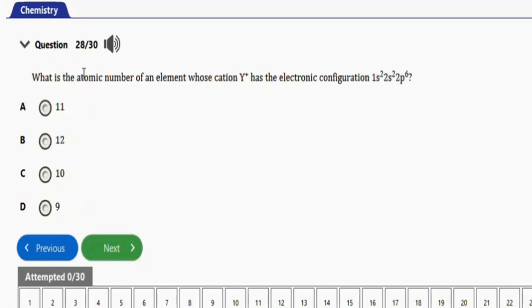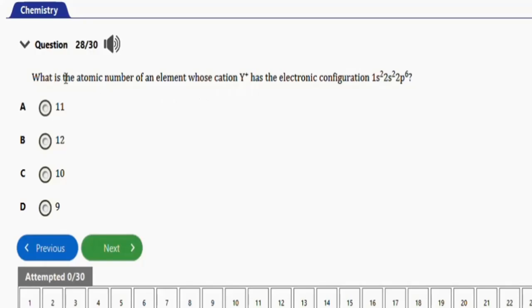It says what is the atomic number of the element whose cation has the electronic configuration? Okay, so this is neon, right? This is the structure of the element before it will take part in chemical reaction.